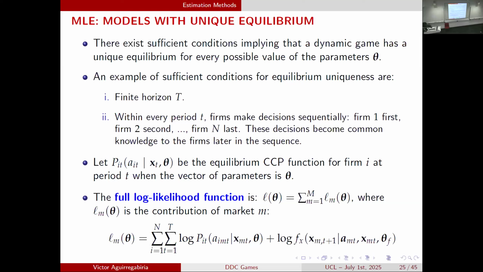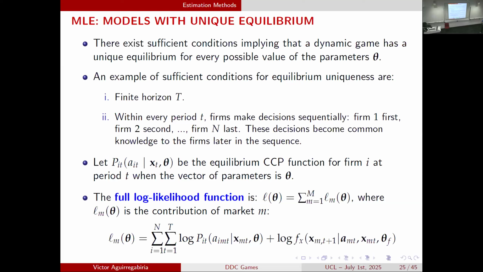Of course, who plays first matters, and then there should be some justification for this assumption. It's quite straightforward to show that if we have a finite horizon, if we are at the last period capital T and players move sequentially, we will have a unique equilibrium.